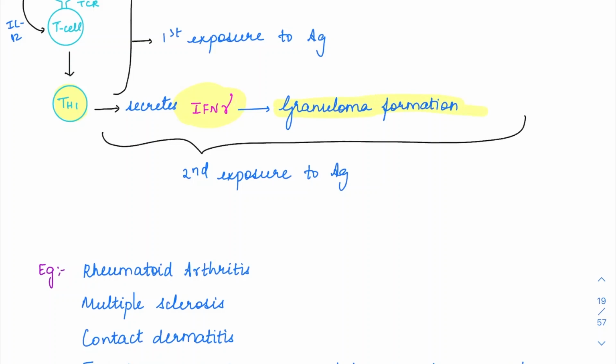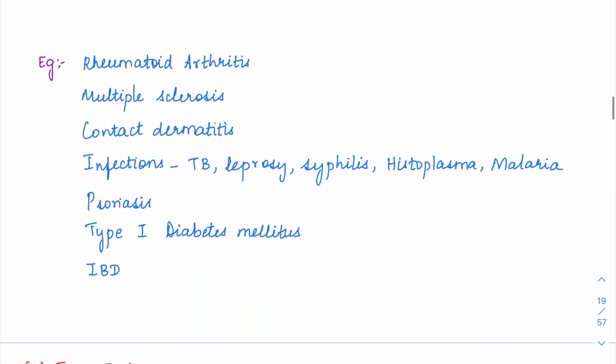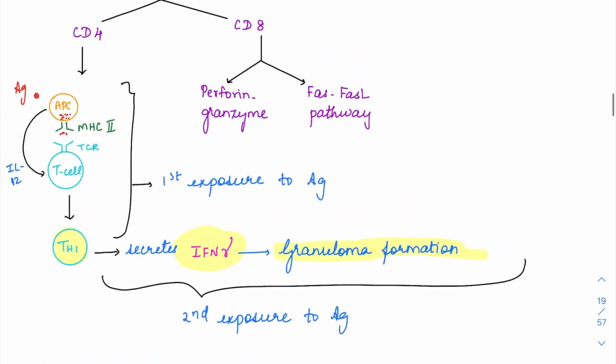So granuloma formation is a delayed type hypersensitivity reaction, which is type 4. So remember, here it is the TH1 subset producing interferon gamma, causing granuloma formation. This sensitization happens with the first exposure, and the granuloma formation will happen at the second or further exposures to the antigen.